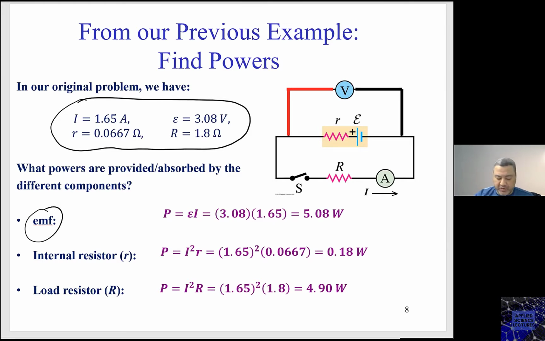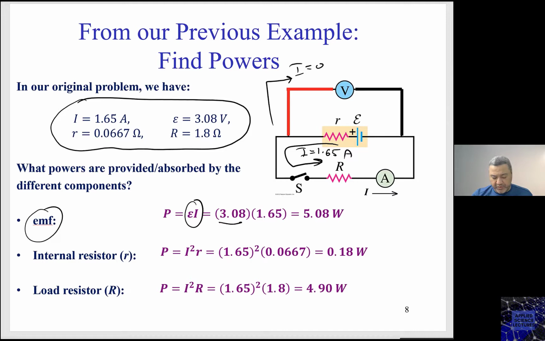The power equals the electromotive force times the current. Well, this current, 1.65 ampere, is the total current. Remember, again, there is no current going into the voltmeter, so all the current is going through the internal resistance and the circuit resistance, as you can see here. So this is the main current.